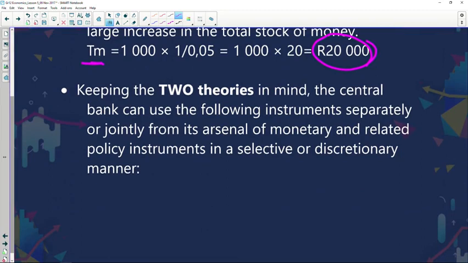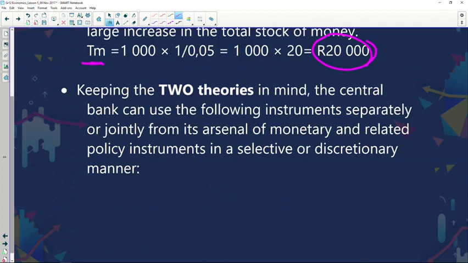So keeping the two theories in mind, the central bank can use the following instruments separately or jointly from its arsenal of money and related policy instruments in a selective or discretionary manner. So the banks can then look at the two theories.